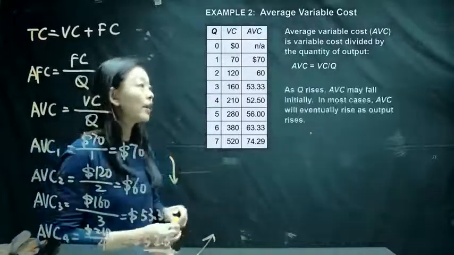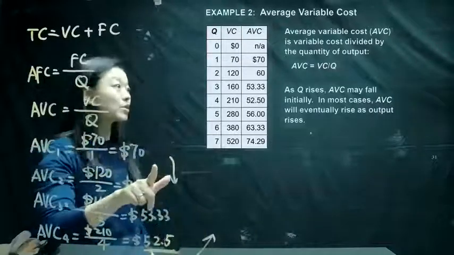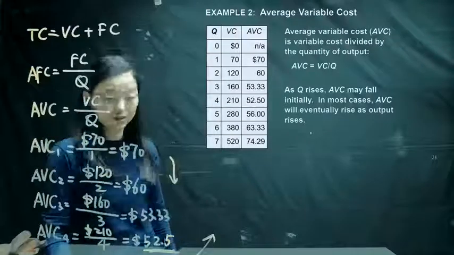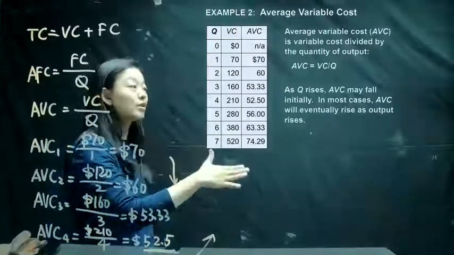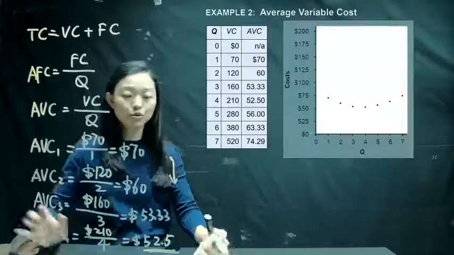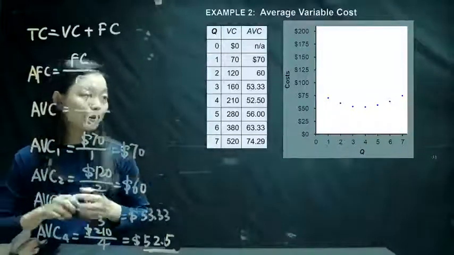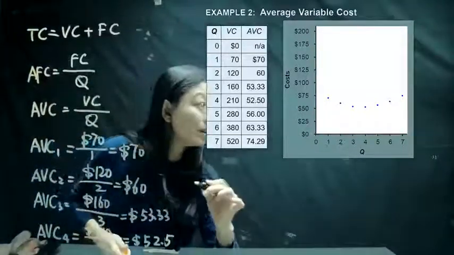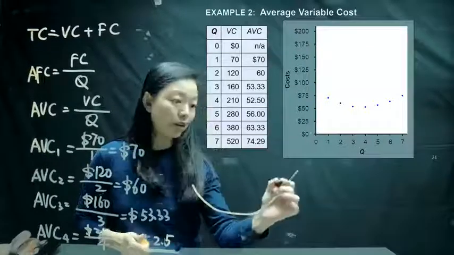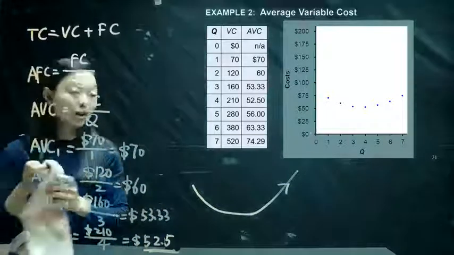So we can say as quantity increases, average variable cost might decrease initially, but eventually it will increase as more output is produced. Okay, here is also the graph of average variable cost. You can see at the beginning it declines, reaches the bottom, and then increases finally. Okay, so this is the average variable cost.